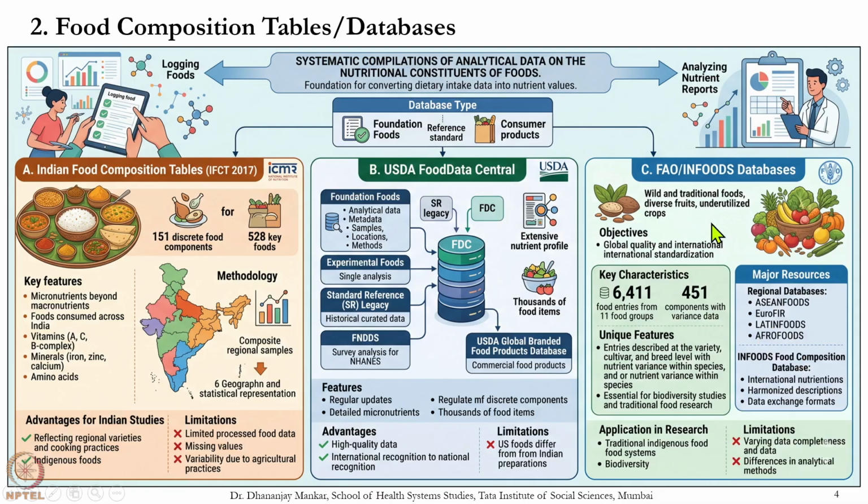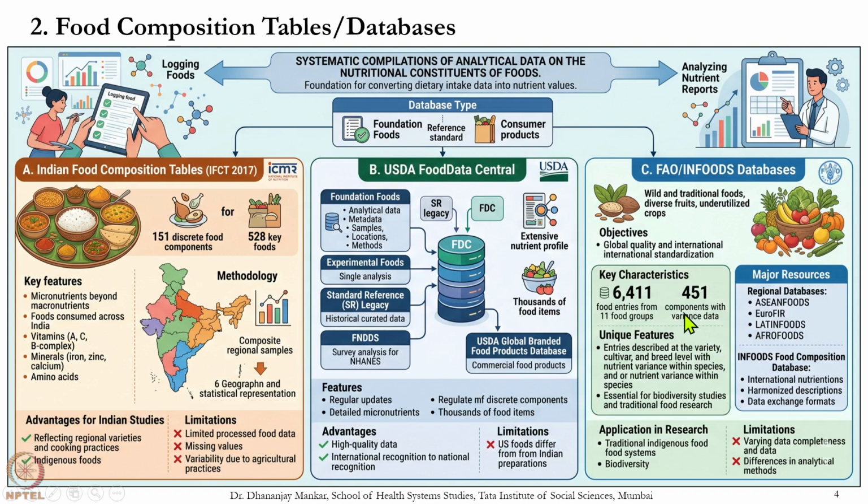Now we will go on to FAO food databases. They cover wild and traditional foods, diverse fruits and underutilized crops. What is the objective of FAO? It is global quality and international standardization. What are the key characteristics? 6,411 food items are included, and 451 components are variants of this data.